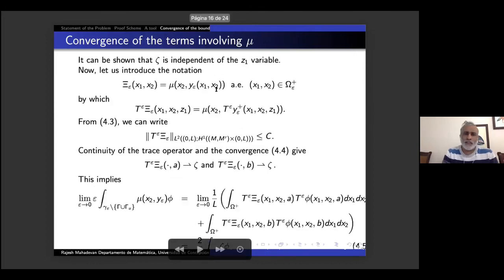You take this function, which is on the oscillating part of the domain, and you do the unfolding of this function mu of x2 by epsilon, and by what we saw, you can show that this is probably, the space is probably a bit confusing here. Maybe it's true.